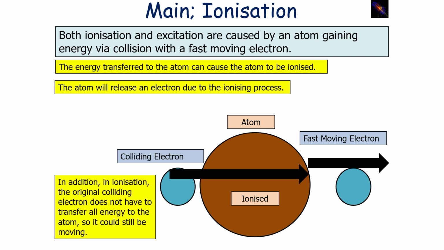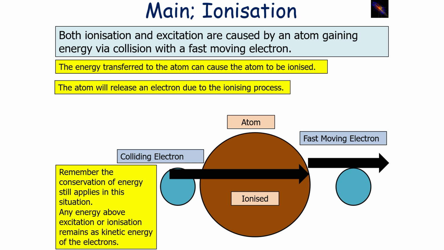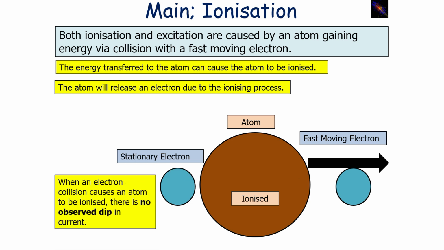Now, in addition, in ionization, the original colliding electron does not have to transfer all of its energy to the atom, so it could be still moving as well. The conservation of energy still applies in this situation. So the idea is any energy above excitation or ionization remains as kinetic energy of the electrons or of the recoiling atom. Now, when an electron collision causes an atom to be ionized, there's no observed dip in the current.